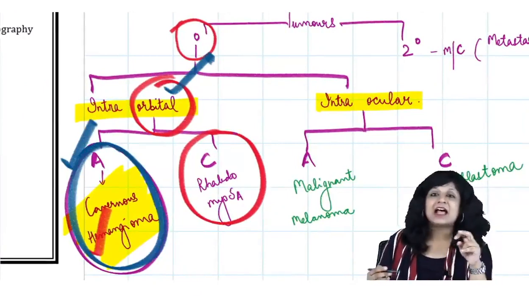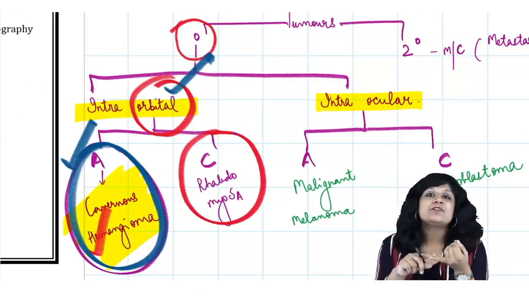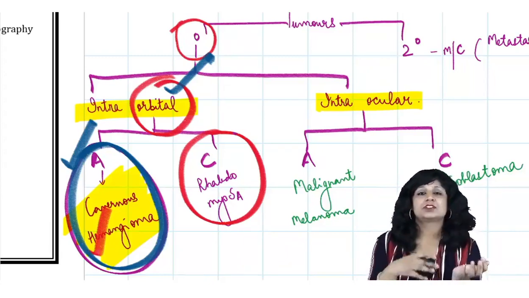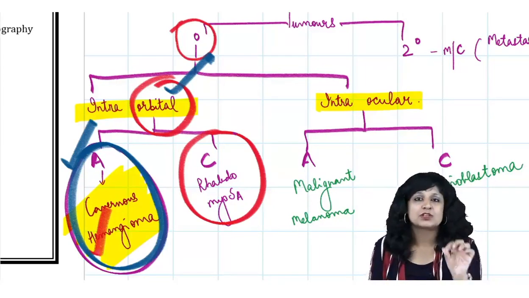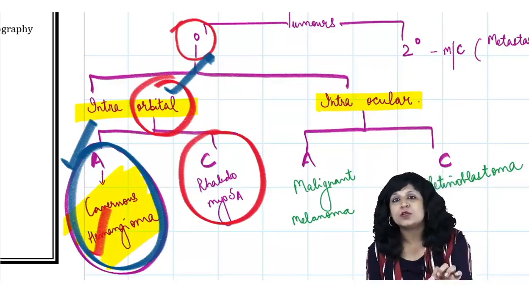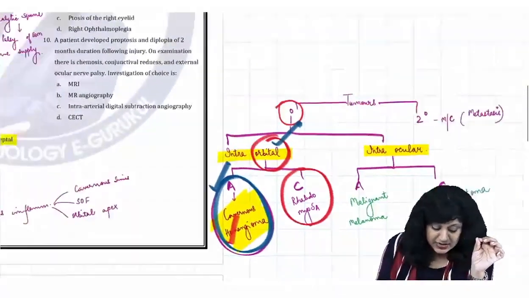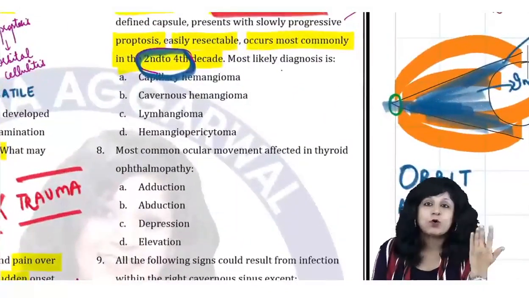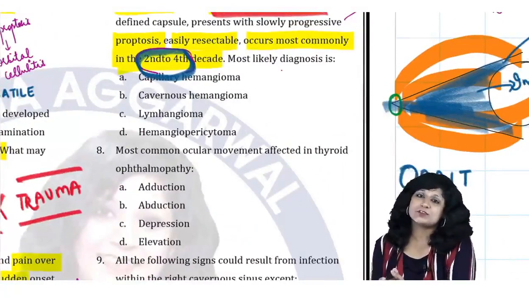The answer should be cavernous hemangioma. Even if you do not have a clue about its capsule or its resectability, you are still able to solve this question, because you know the most common tumor of the orbit in adults is cavernous hemangioma. If you know these other details, that is much better, but otherwise also you could solve this question.